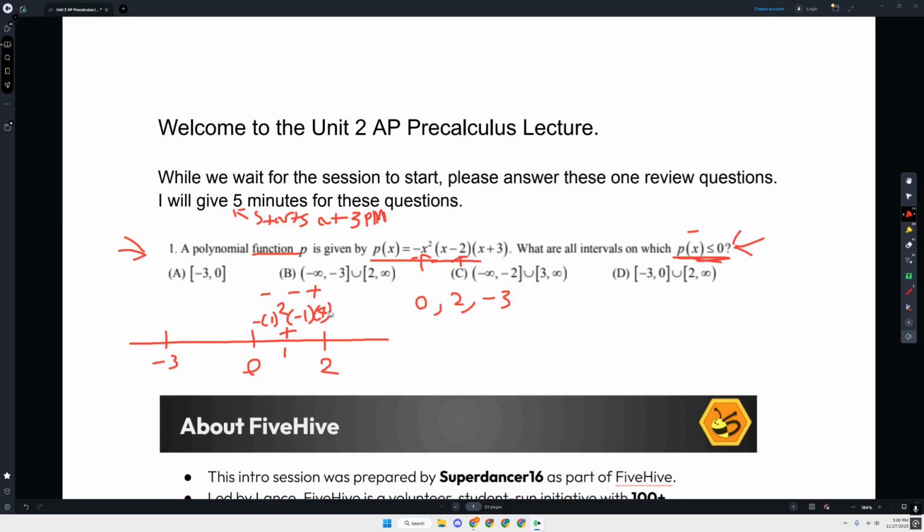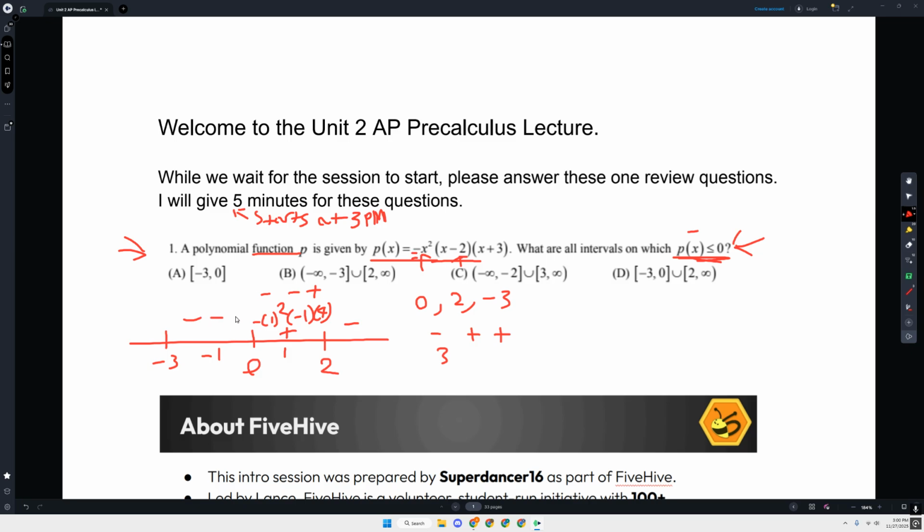From there, we'll test this one, 3. If you plug 3 in, you would get negative, positive, positive, so the multiplication would be negative. From there, let's plug in like negative 1. This would still be negative because the square will make it always positive and a negative will apply.